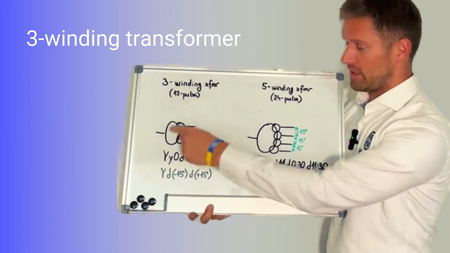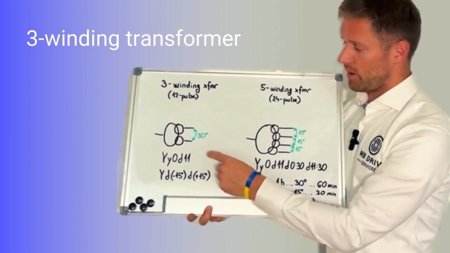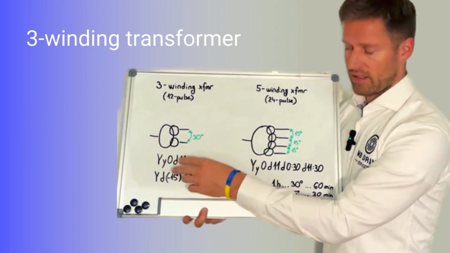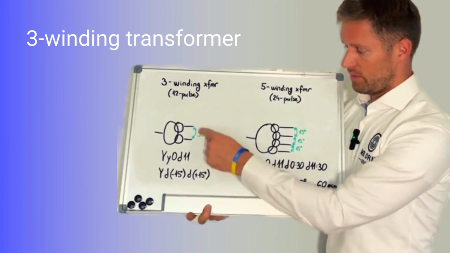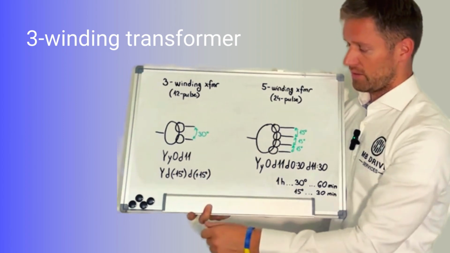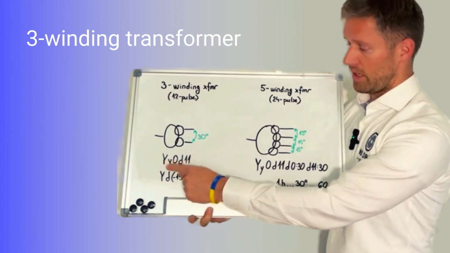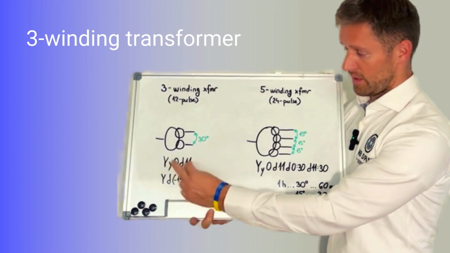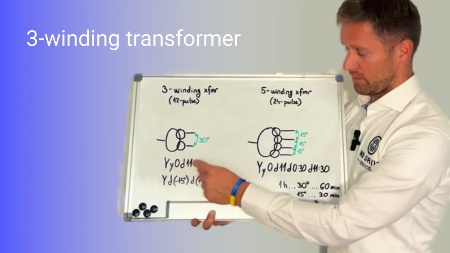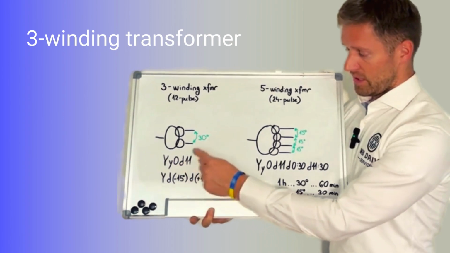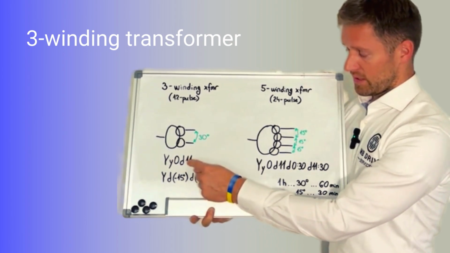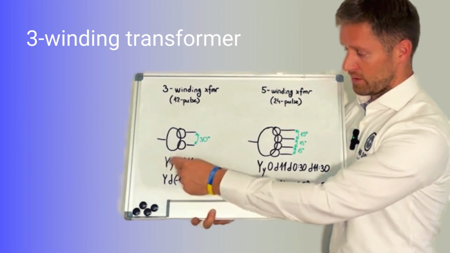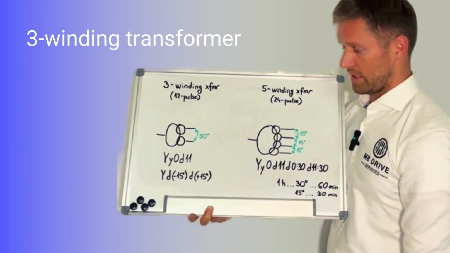For the 3-winding design, we can just use star and delta connected windings, because we just need 30 degree phase shift. So it could be, for example, Y0, D11. We have 30 degree phase shift in between the two secondary windings. So the D11 would be 30 degree leading, referring to the Y connected winding.